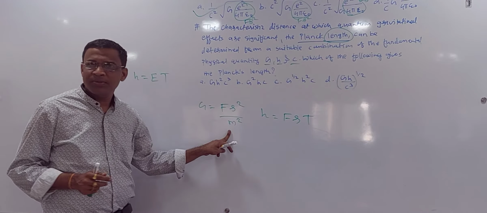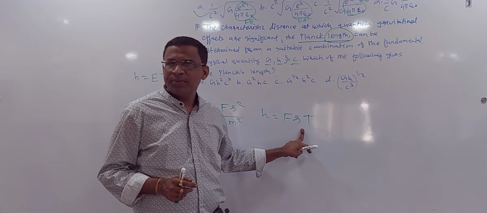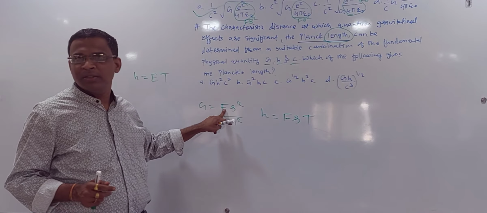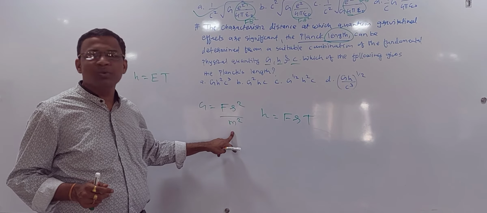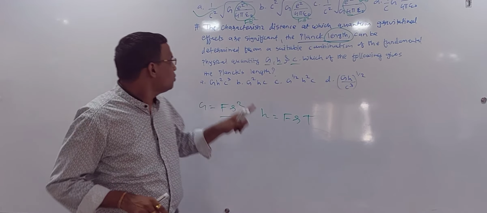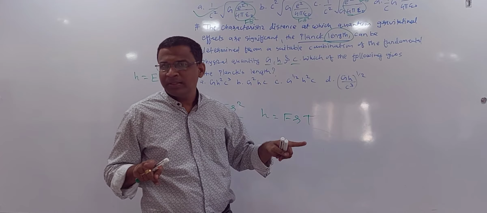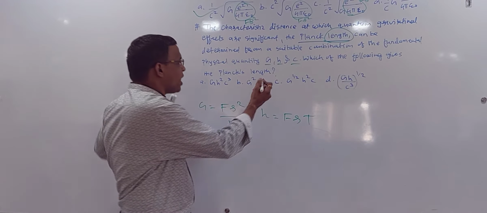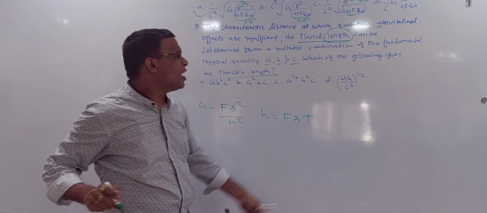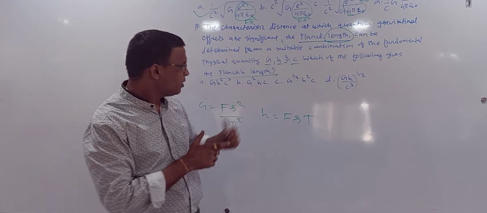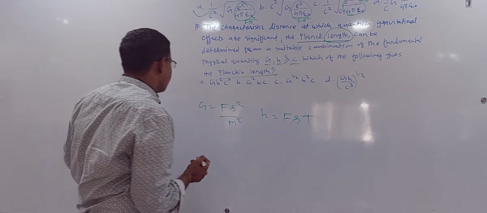G is this. H is this. Both multiplication G into H will give you F square upon M square. Then only the mass term get cancelled. No other option is giving that. And we don't want mass term because I want length. So answer is this. For sure.